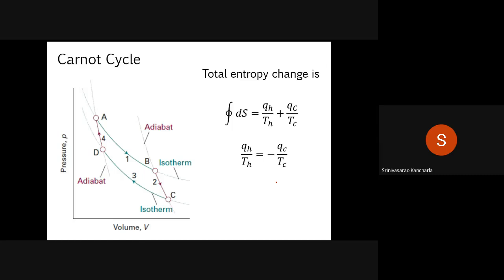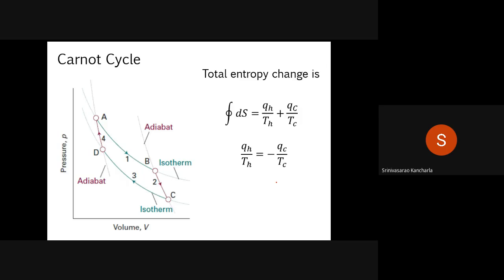Okay, so we'll discuss the Carnot cycle. As we discussed yesterday, the major idea for designing the Carnot cycle is to find the most efficient engine, with maximum efficiency, to extract the maximum amount of work by supplying some amount of energy.